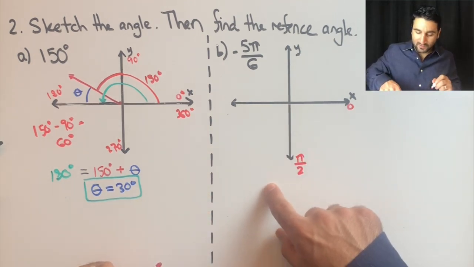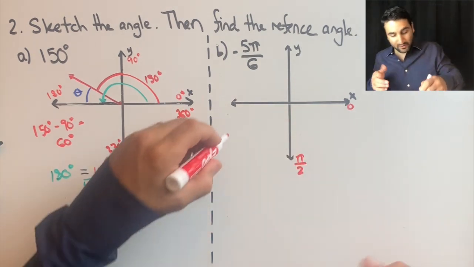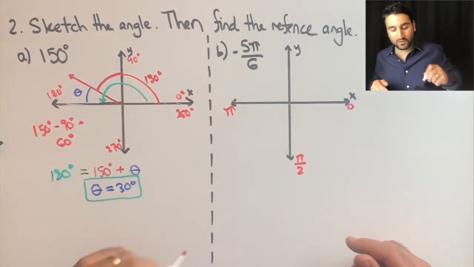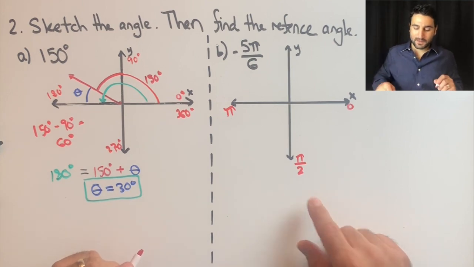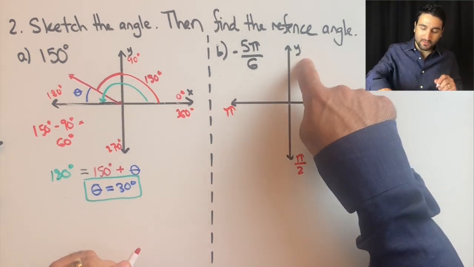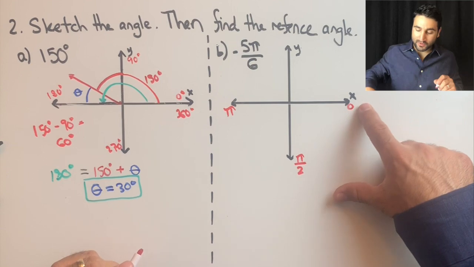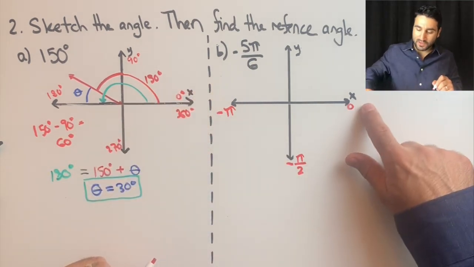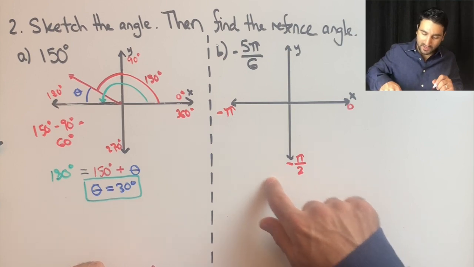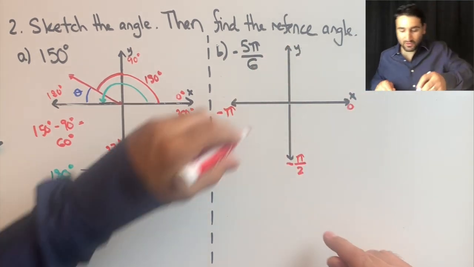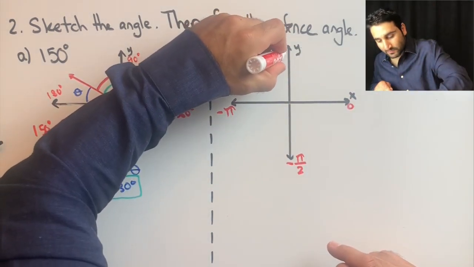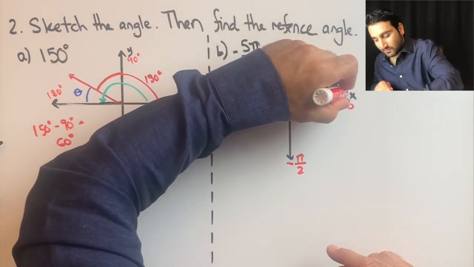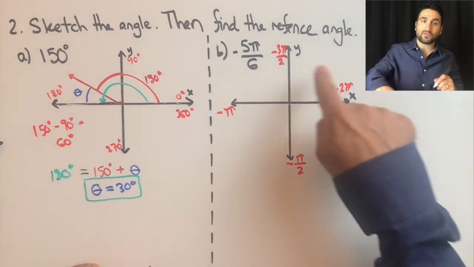And if we went another quarter, another pi over 2, it'd be like 2 pi over 2 or pi. And if we add another pi over 2, this is 3/4. Sorry, I forgot to put negatives on these. These should be negatives. So negative pi over 2, negative 2 pi over 2, negative 3 pi over 2. And this would be negative 2 pi if we go this way.